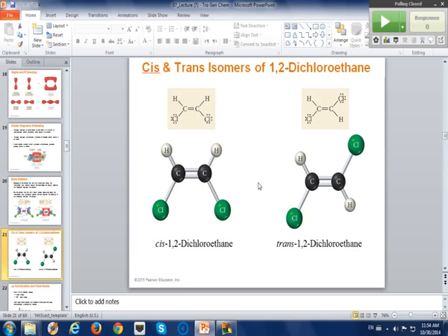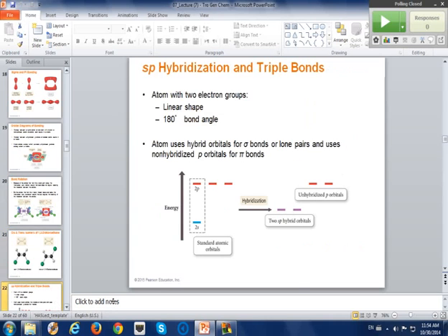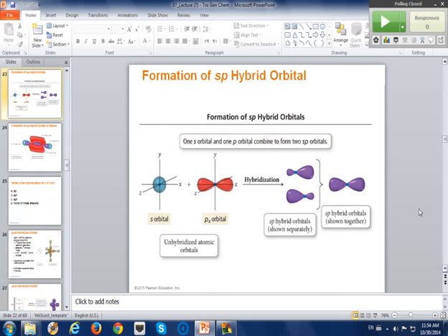But here's an example of a molecule where the skeletal structures are the same, yet there are two different forms exhibiting two different properties, right? And this results because the pi bond restricts rotation about that carbon-carbon double bond.